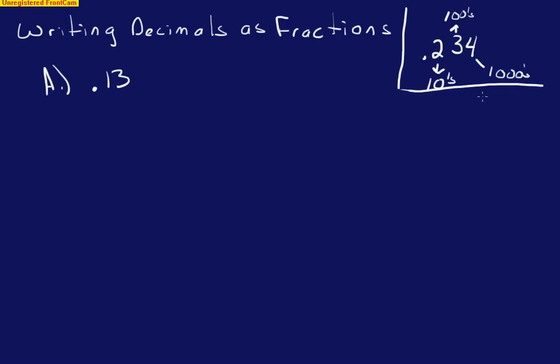Okay, so why we have that up there really is because we're going to put that decimal into a fraction, and so it's easier to figure out what the bottom number or your denominator is going to be when you keep this in mind. So we're going to put that into use right away, and we're going to look at this 0.13. Now I'll put the hand out here so you can see where I'm pointing.